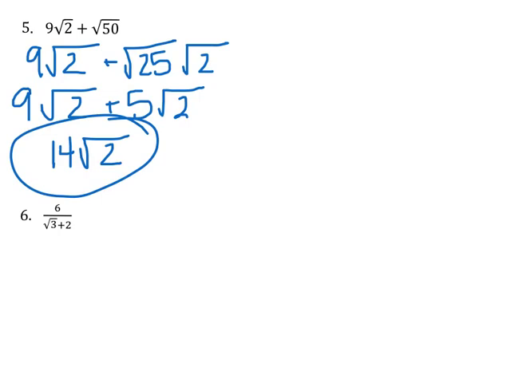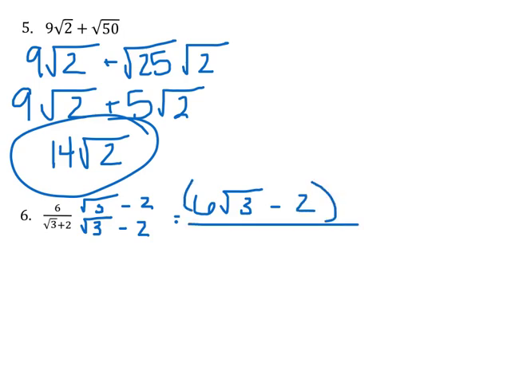Next, we're not allowed to have square roots in our denominator, so since we have a binomial down here, we're going to have to multiply by the conjugate. The conjugate is square root of 3 minus 2. So times the square root of 3 minus 2. We'll go through, and the top becomes 6 times the square root of 3 minus 12 over the bottom.